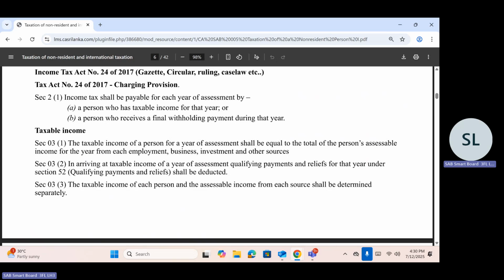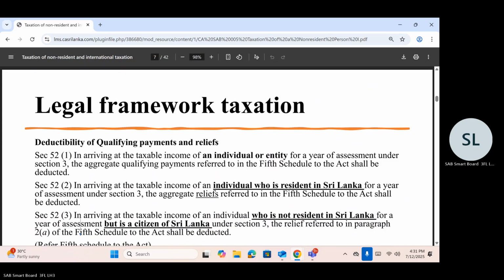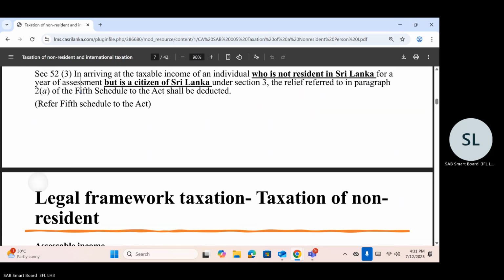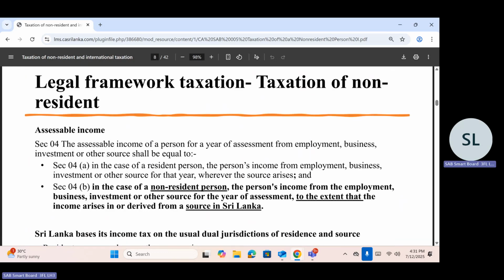But when we work out taxable income, it says, in the case of a non-resident person, residency status matters: income from employment, business, investment, or other sources for the year of assessment.